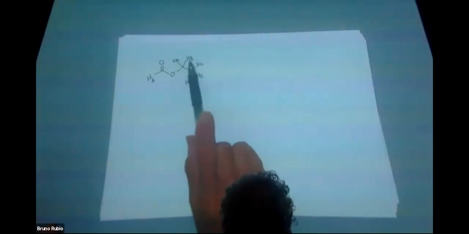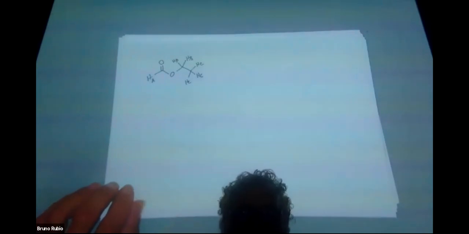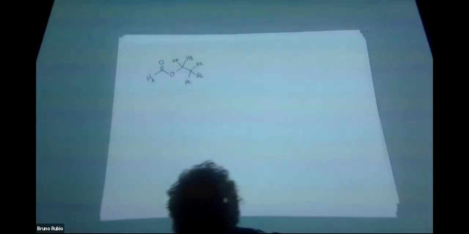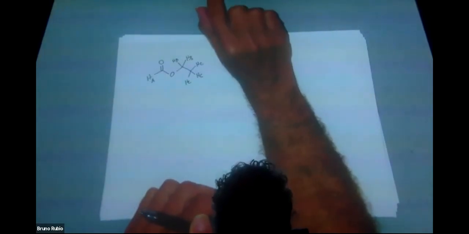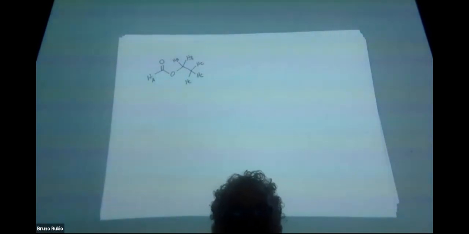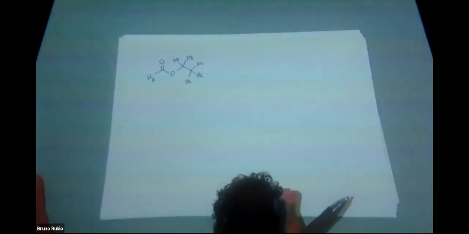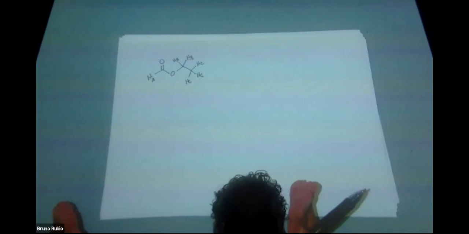There are 2 HBs, but N does not equal 2. There are 3 HCs, but N does not equal 3. So let's get that out of the way right away. N stands for the number of non-equivalent neighbors. So if you want to think of N as standing for neighbors, that usually works.